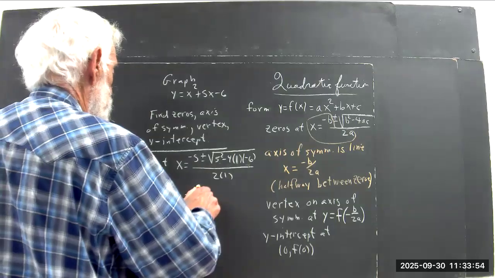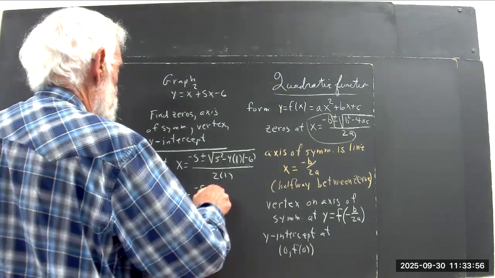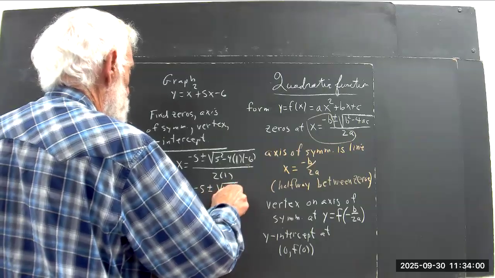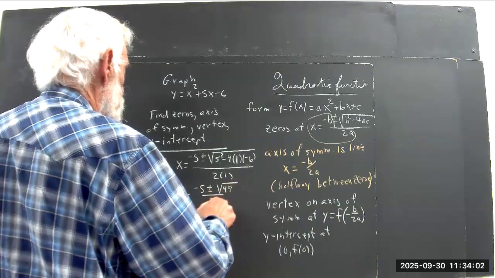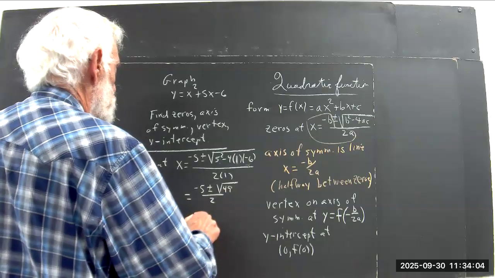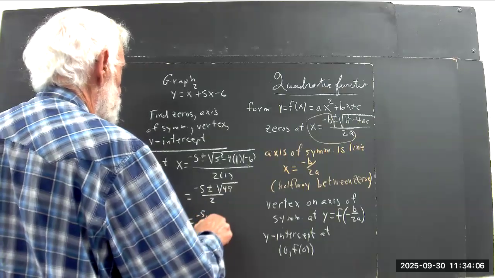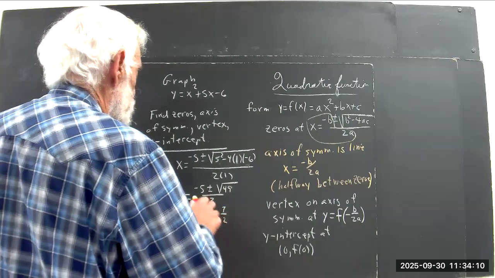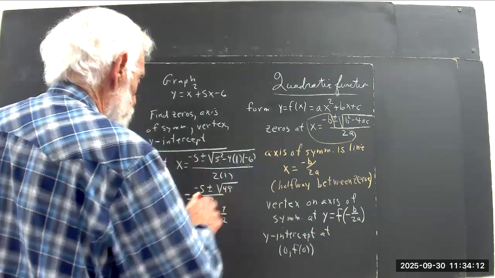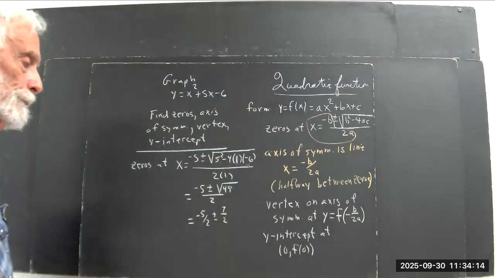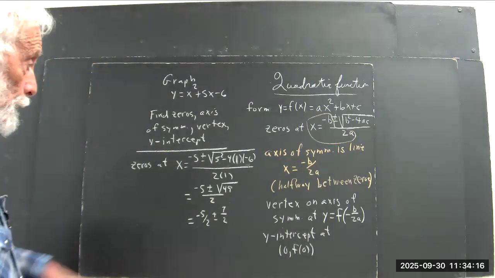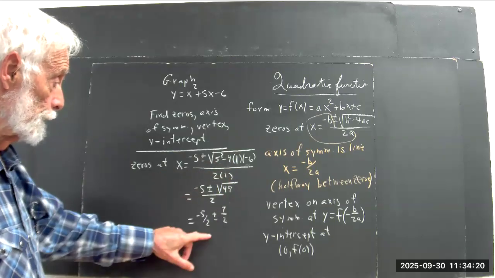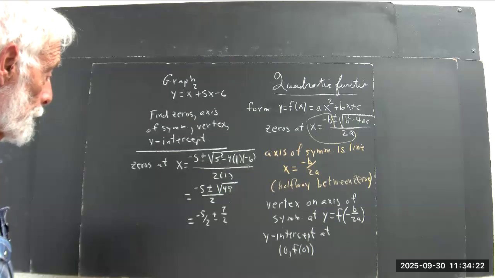So that's going to be negative 5 plus or minus the square root of 49 over 2, which we could write as negative 5 halves plus or minus 7 halves, because the 2 divides the 5 and it divides the 49. Remember, dividing by 2 is like multiplying by 1/2, so this is just an instance of the distributive law.